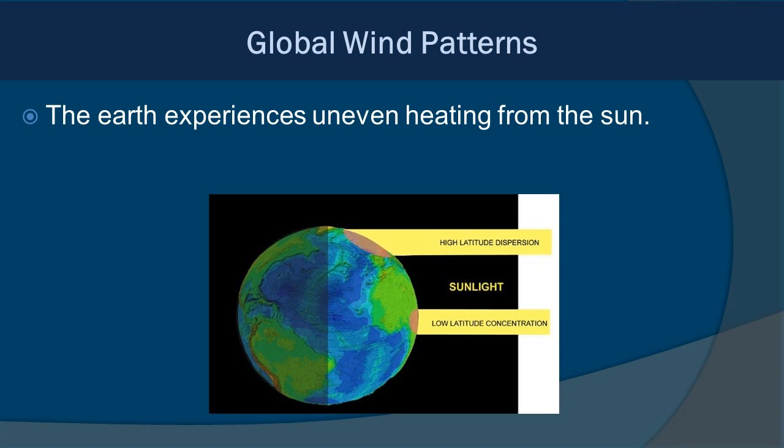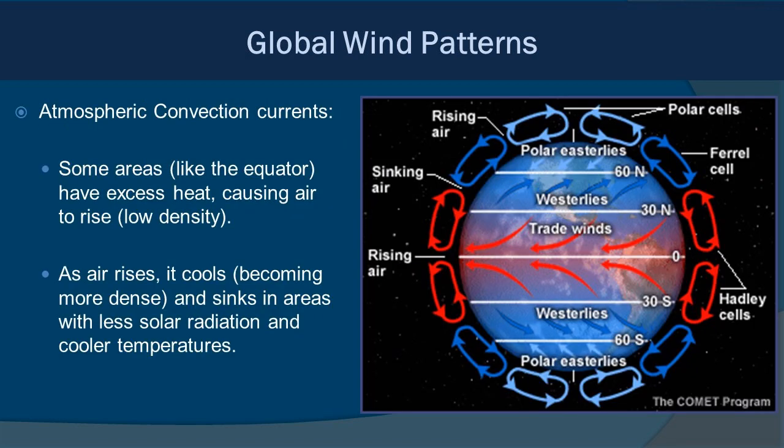These differences cause certain areas, especially equatorial regions, to become warmer than other areas in different latitudes. Now, I'm not going to get into the extreme specifics here, but it's good to note that atmospheric convection currents generally are the result of this uneven heating.